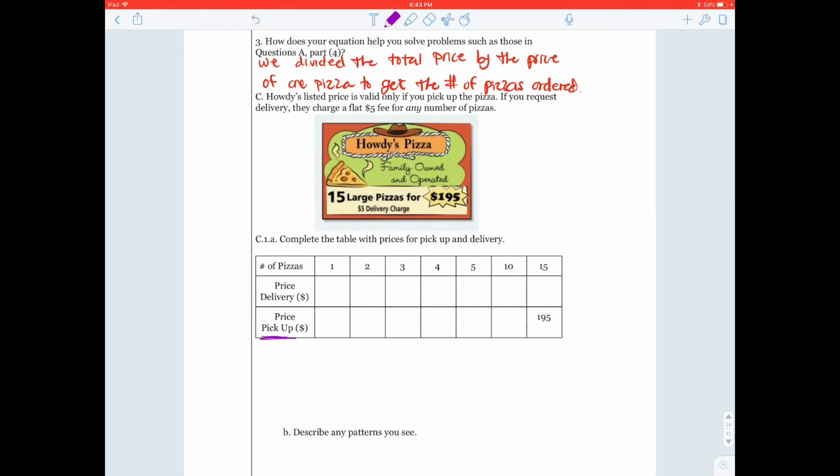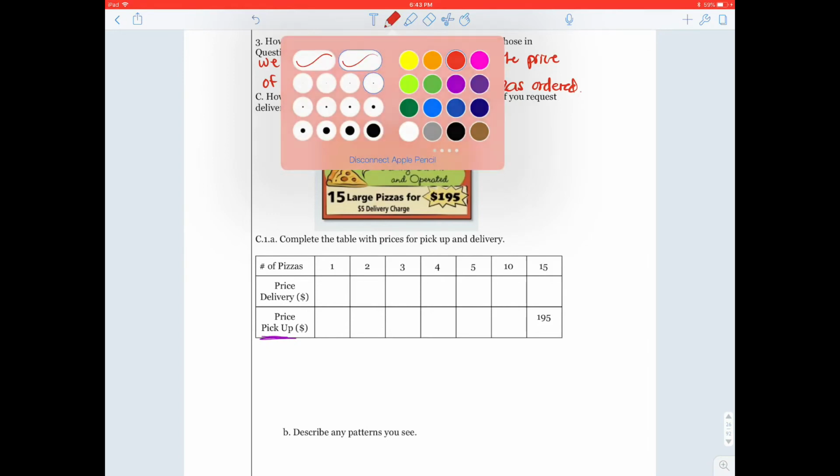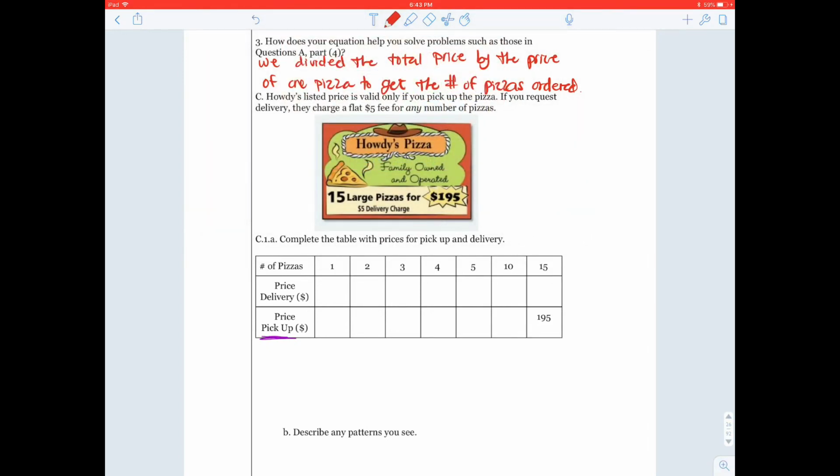So let's go ahead and copy the pickup prices first because we already have that information. We don't need to redo all of this. So one pizza costs $13, 26, and so on and so forth, 52, 65, and that's 130. Remember, you should be paying attention to the number of pizzas bought here.